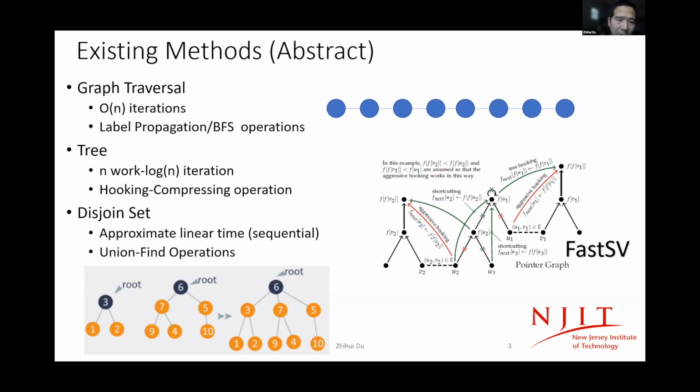Sequential disjoint set-based algorithms are very fast, often approximately linear time. They operate on the graph using different union operations, and finally, the disjoint sets represent the final components.